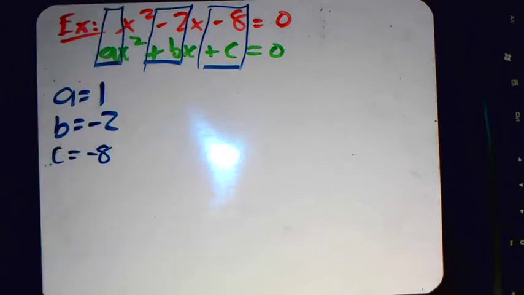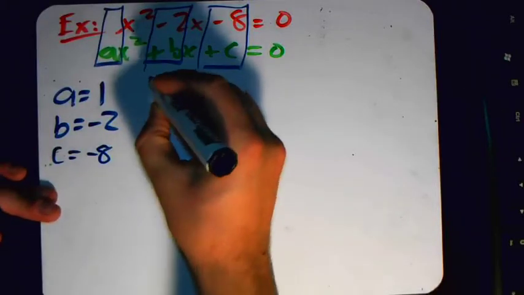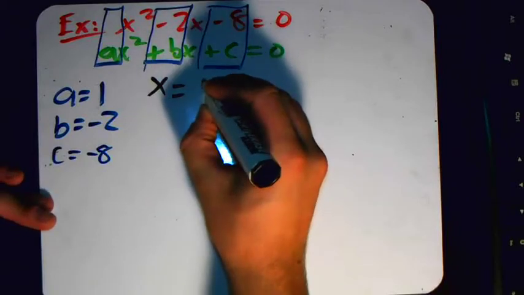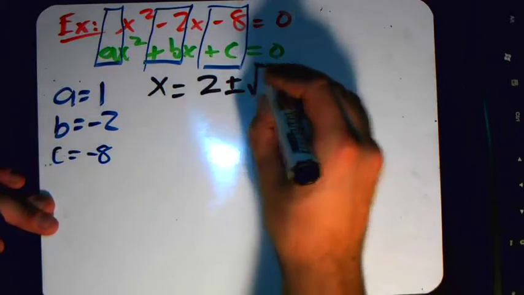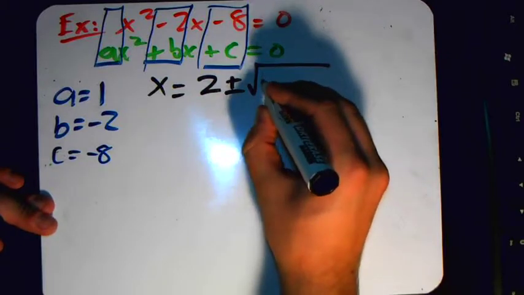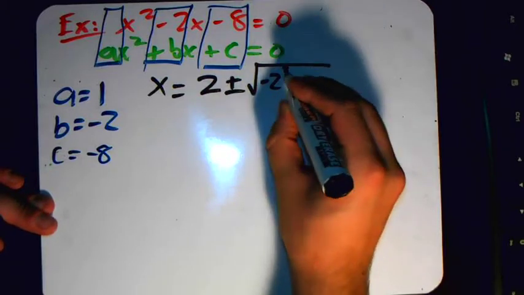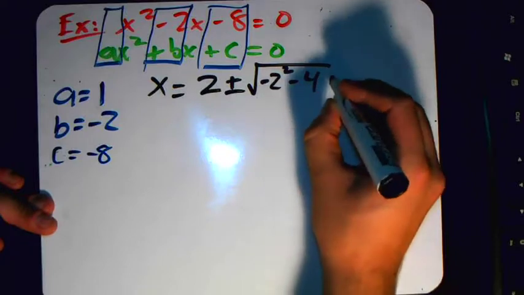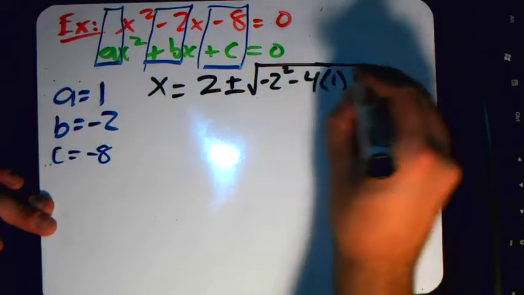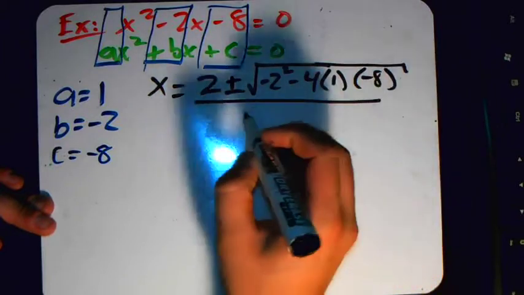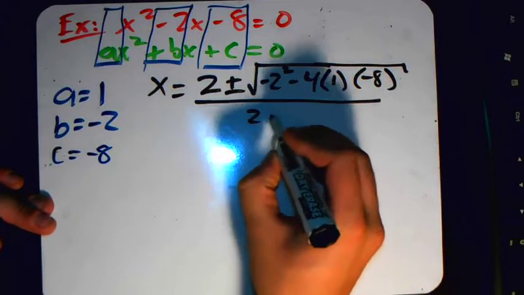When plugging everything into the quadratic formula, we get x equals negative b plus or minus the square root of b squared minus 4 times a times c all over 2a.